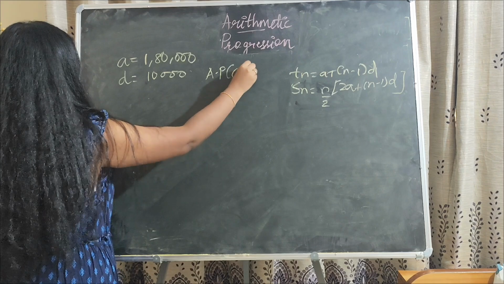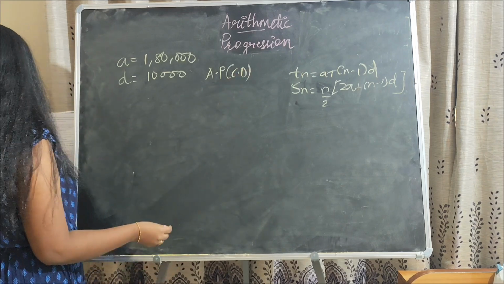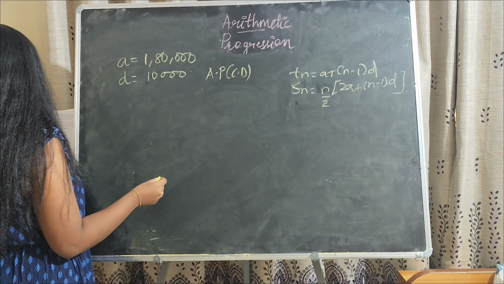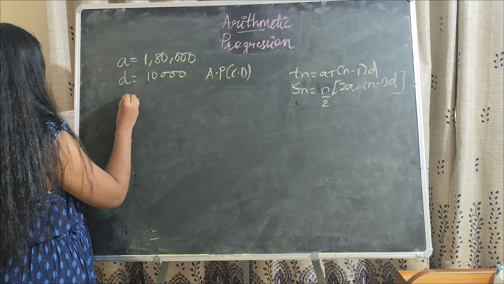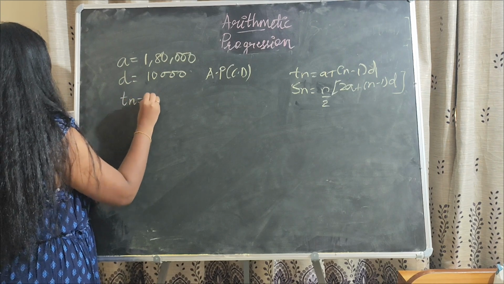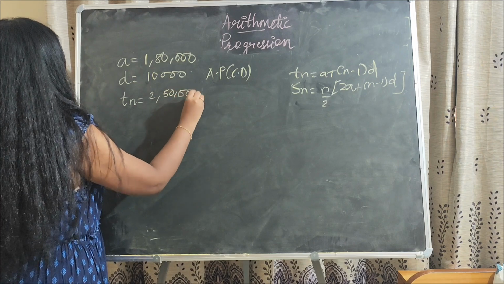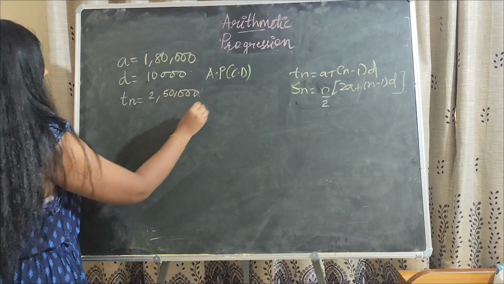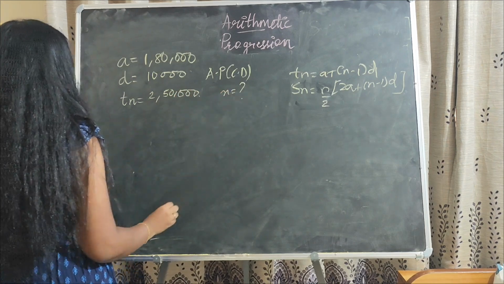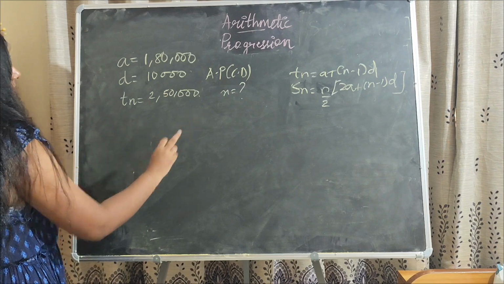So this is an AP because there is a common difference. You need to find that out first. So in how many years Tn is given as 2,50,000. So now in this formula we need to find n. Tn is given. There is no question of Sn.